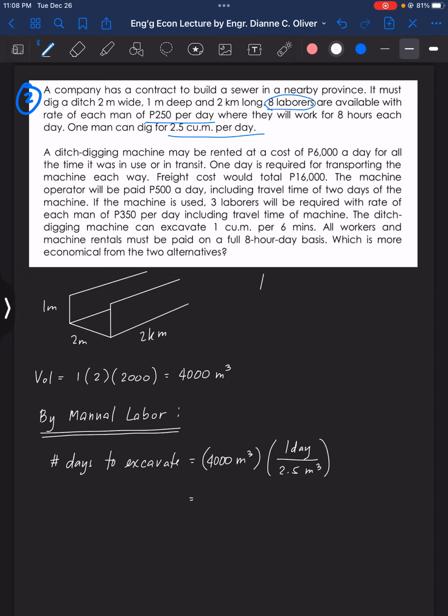So 1 man, that will be 2.5 cubic meters per 8-hour day.